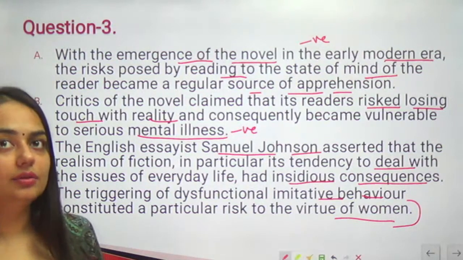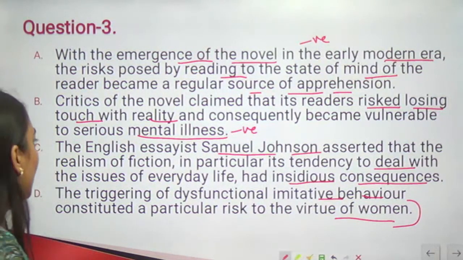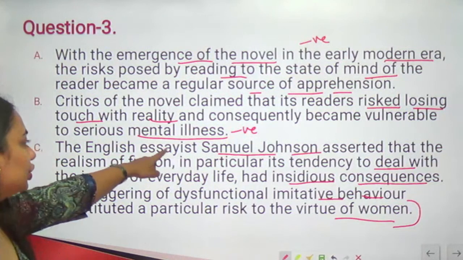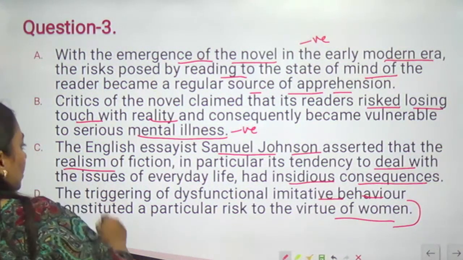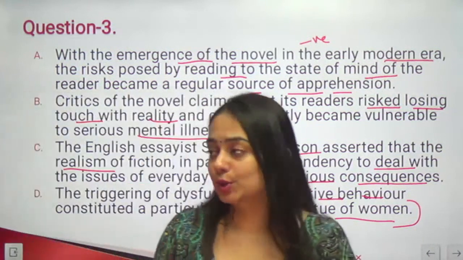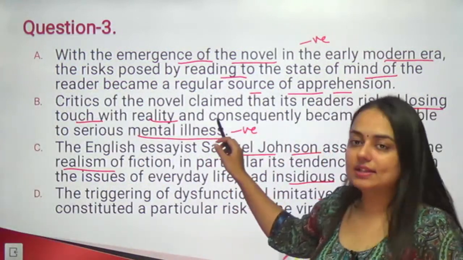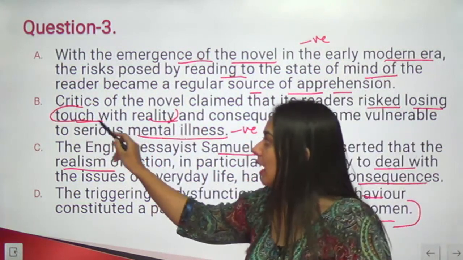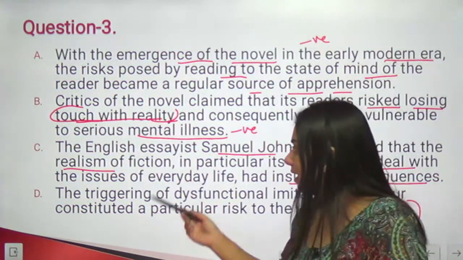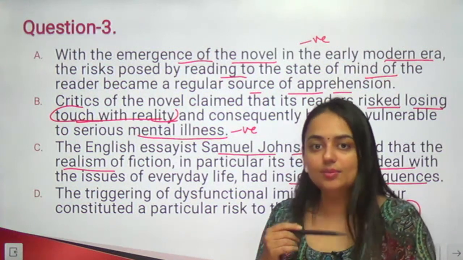So rather, it should be C. Why? Because look at this. The English essayist Samuel Johnson asserted that realism of fiction, really? Didn't we discuss in this point that actually we lose touch of reality if we read fiction? And Samuel Johnson is discussing realism of fiction.